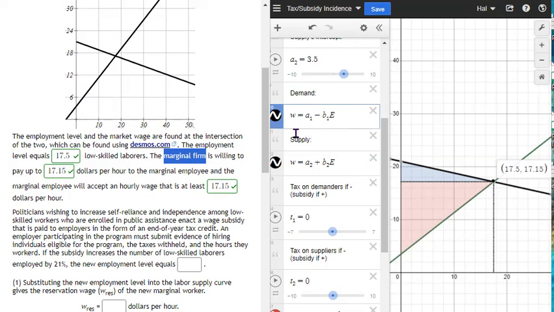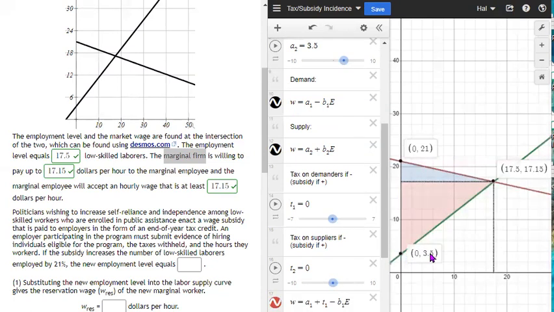Now, that's not the case for the first employee, right? The first employee hired, the firms value them at $21. That first group of employees hired, firms value them at $21 an hour.